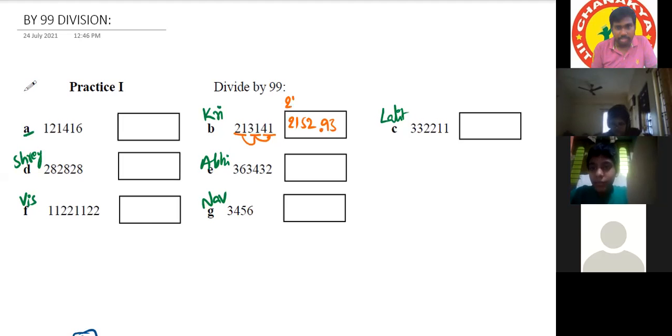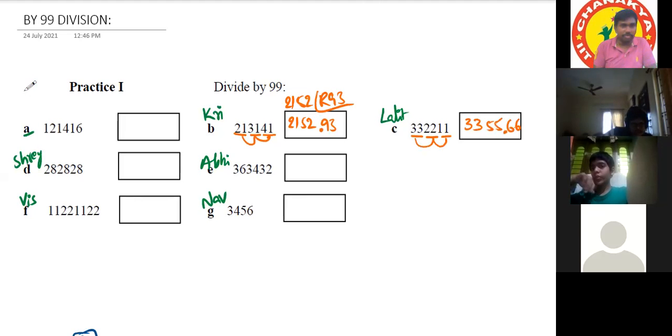Either we can say 2152 with a remainder 93, or we can say 21.52.93. Lalit, proceed. Drop down 33. Then 33 plus 22, 55. 55 plus 11, 66. So 3355.66. That's all, very good.